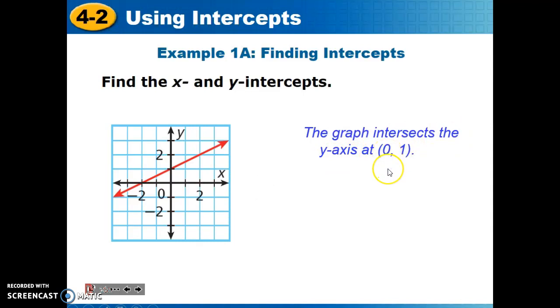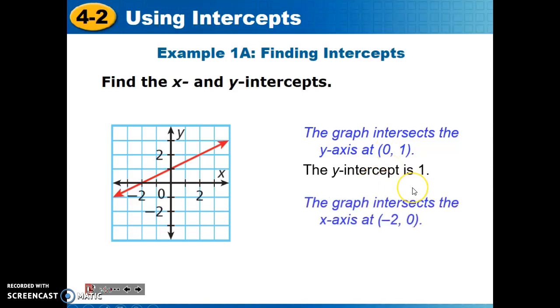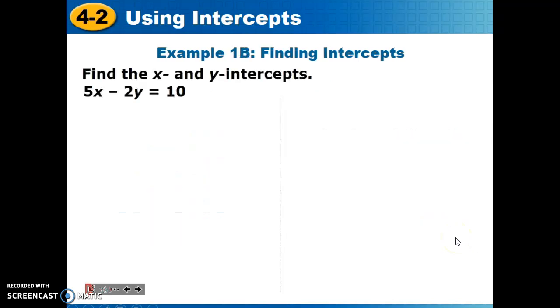X is always 0 on the y-axis. The y-intercept is 1. We can write y equals 1. And we noticed that the x-intercept is negative 2, 0. The x-intercept is negative 2. Two different ways to write that.